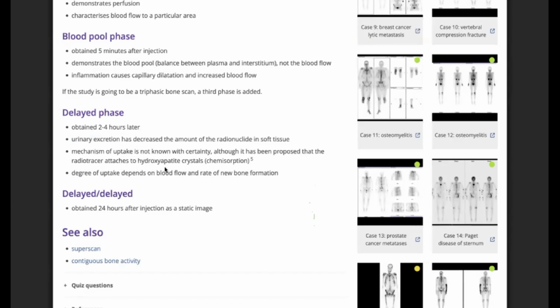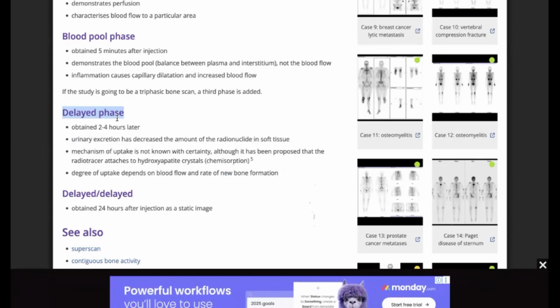This is due to osteoblastic activity, new bone formation. And by the way, all the static bone scans are delayed phases at 2 to 4 hours. All bone scans for metastasis are static delayed phase, representing osteoblastic new bone formation.